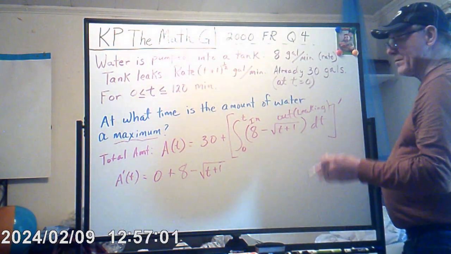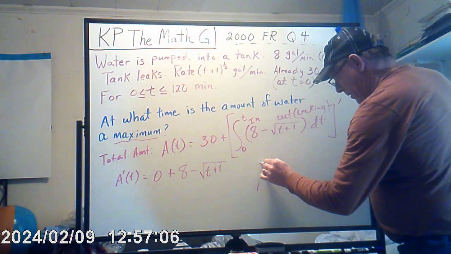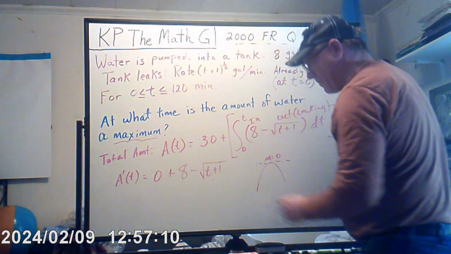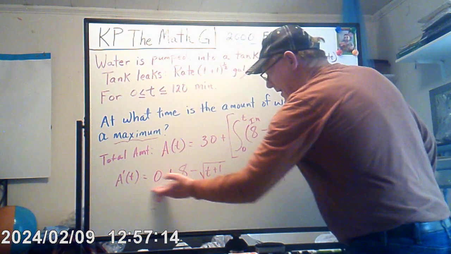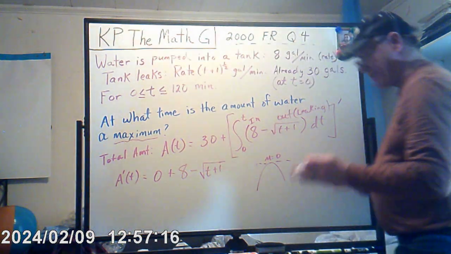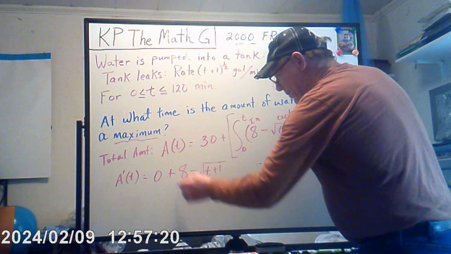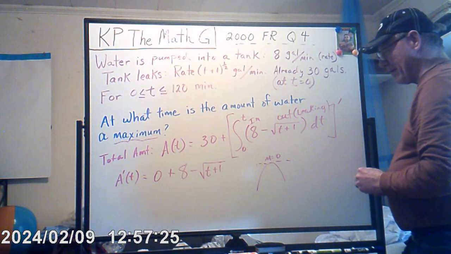Now, if you have a maximum, you have a horizontal tangent line, where m is equal to 0. This is a rate, or slope of a tangent line to the curve, whatever that curve is. So we're saying that A prime at t is equal to 0.